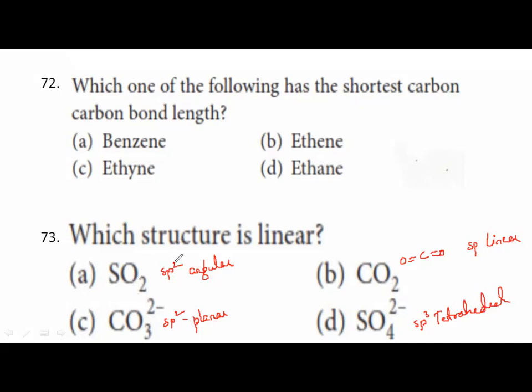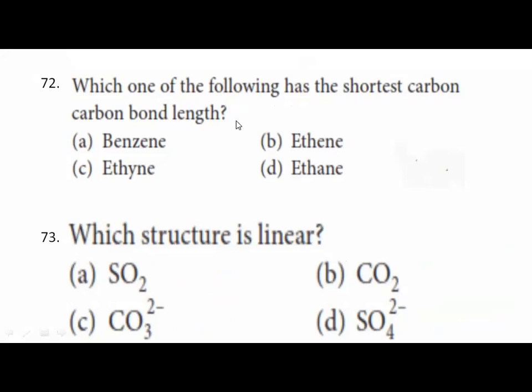So SO2 is sp2 hybridization, angular; CO2 is sp hybridization, linear; carbonate is sp2 hybridization, trigonal planar; and SO4 minus 2 sulfate is sp3 hybridization, tetrahedral. So which structure is linear? It is carbon dioxide. Okay. Next question.